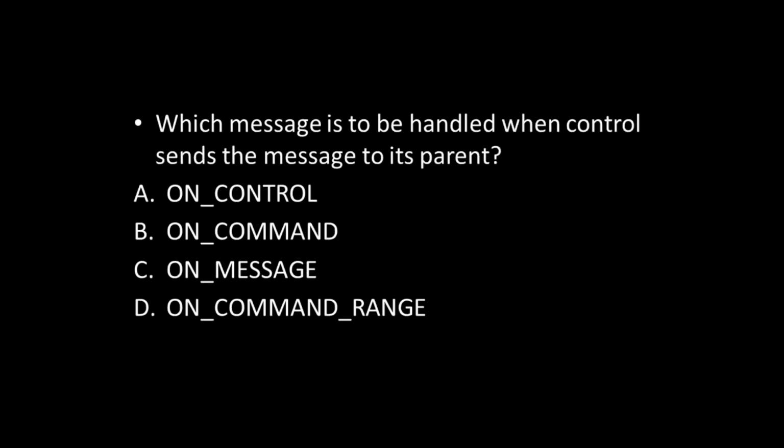So which message is to be handled when a control sends the message to its parent? This is basically a control message. The answer is ON_CONTROL. The one we saw, handling the message of the edit box, is an example of ON_CONTROL.